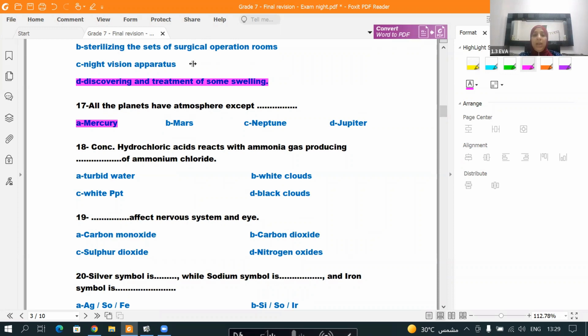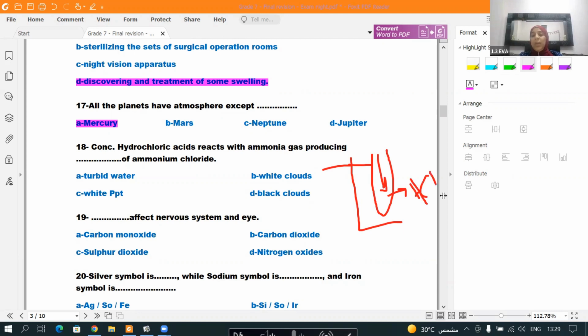Go to number 18, which is very important. Khadija, can you answer that? Yes, hydrochloric acid reacts with ammonia gas producing white clouds of ammonium chloride. Yes, very good. So guys, this is the experiment: we have this test tube, and inside this test tube we have HCl, the hydrochloric acid.